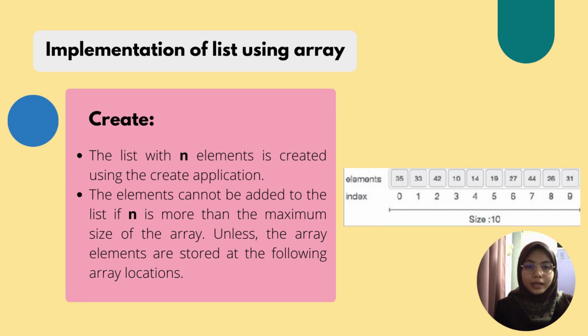For example, here I have the size of 10. If I wanted to insert more than 10 data, which exceeds the array limit, it will not accept adding the data into the list, meaning that there are limitations to the array. So we can only put the data based on the limitation of the array.